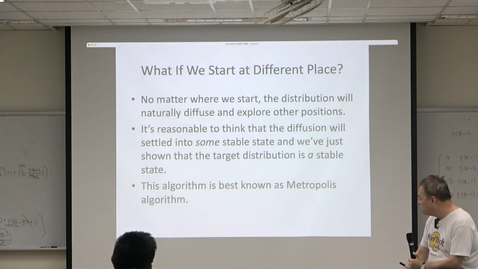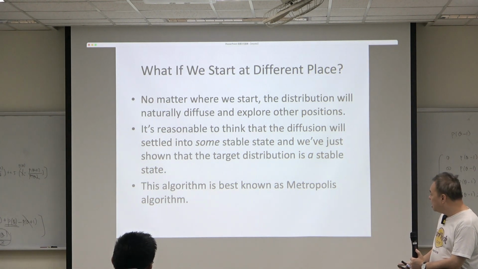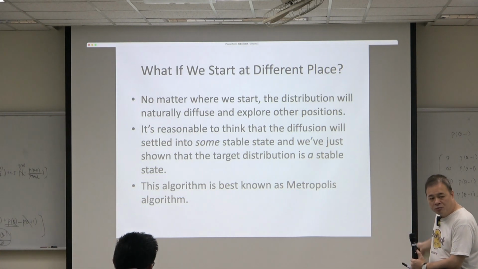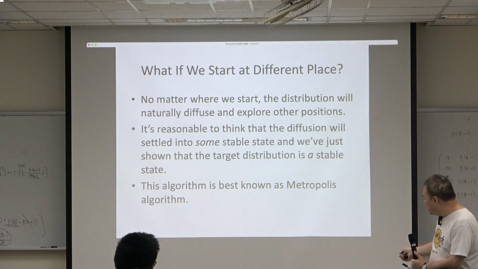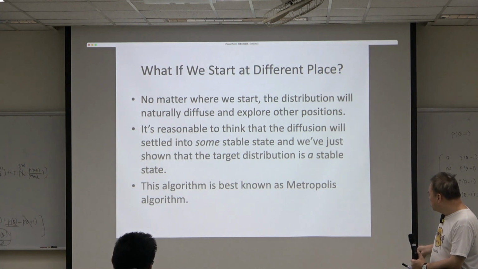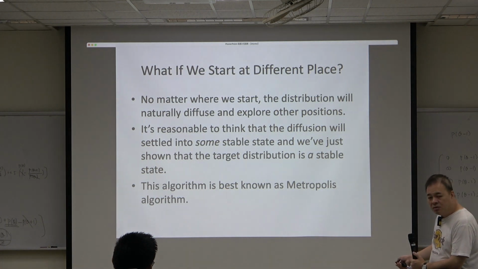That one talks about this whole thing in a much more rigorous mathematical manner. But in computer science, I hope you guys are satisfied with this argument. So this algorithm is best known as the Metropolis algorithm.